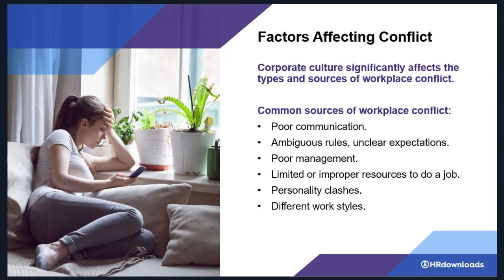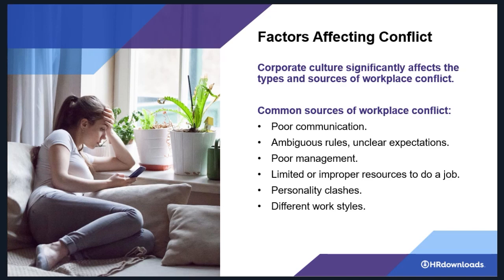So we're just going to check out a few factors that are affecting conflict. In addition to the pandemic, an organization's corporate culture significantly affects the types and sources of workplace conflict. Understanding factors that spark conflict can help you identify the sources that are most likely to be at risk for developing into future conflict.